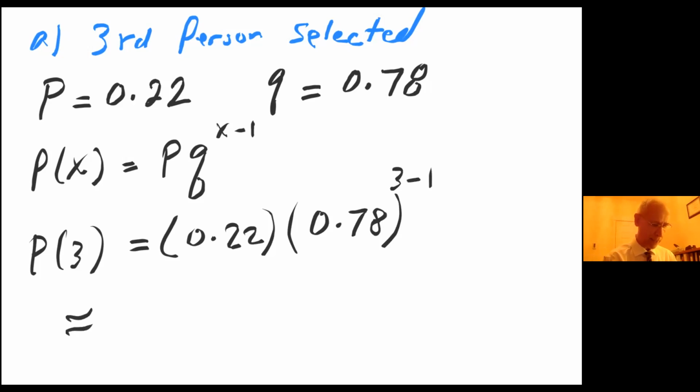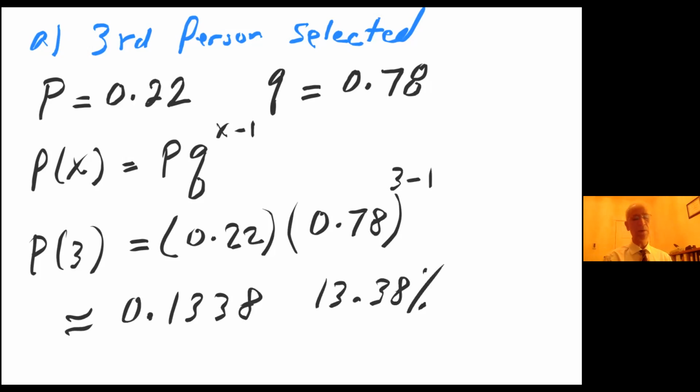And according to my calculator, that is 0.1338 or 13.38% probability that the third person you selected has tried to quit smoking 4 times before being able to quit for good. All right, let's go to part B.